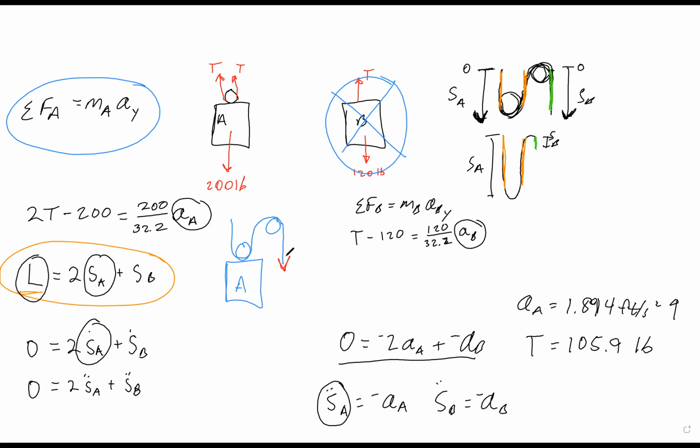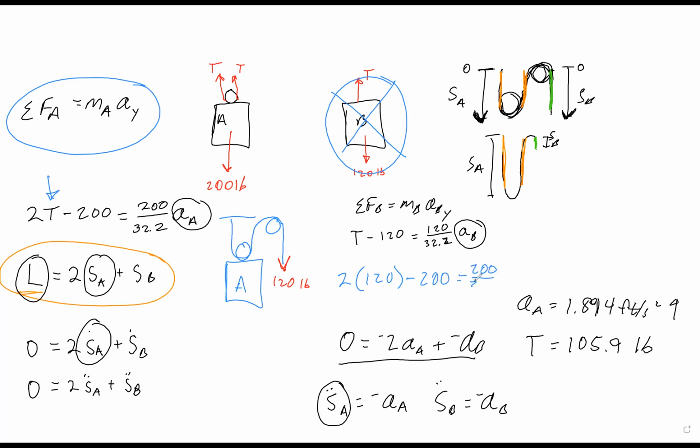So since I can't draw a free body diagram, and there's just a force here of 120 pounds, well, that force is on the rope, and the rope is anchored to the ceiling through two pulleys. That means we actually do know this T value now, just automatically. It's 120 pounds.